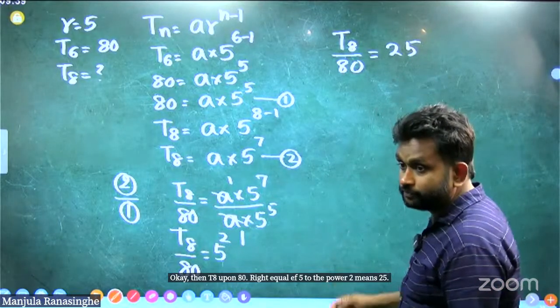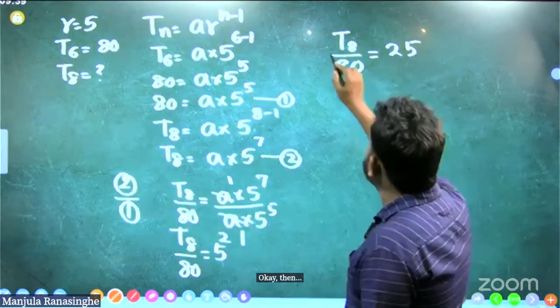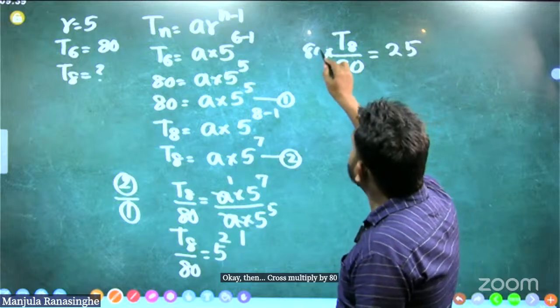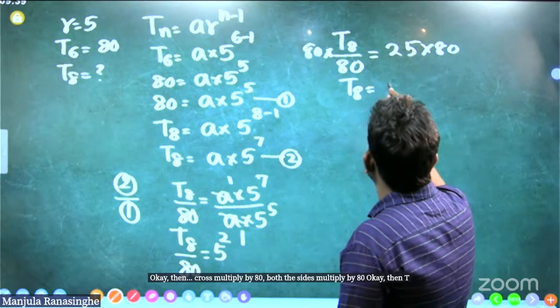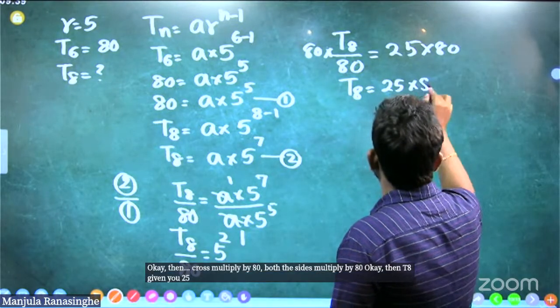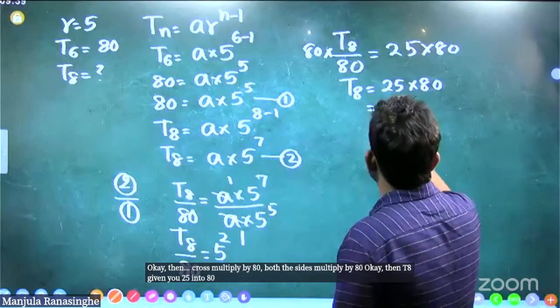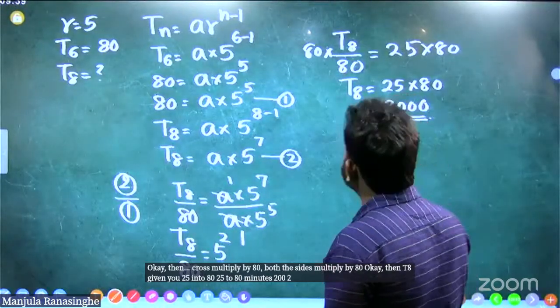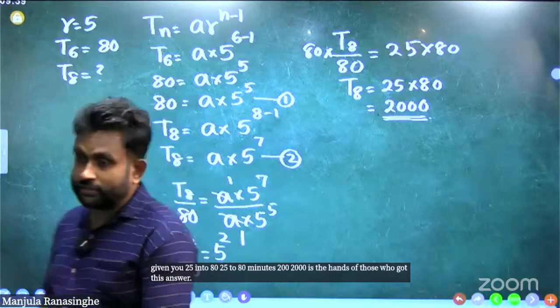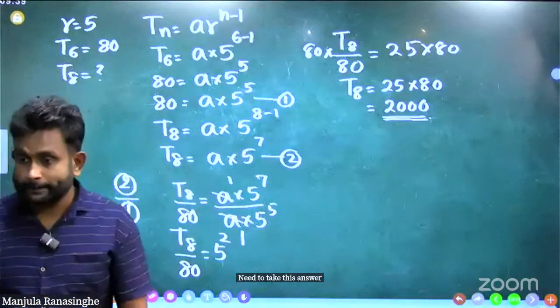Then cross multiply, both sides multiply by 80. Then T8 is 25 into 80. 25 into 80 means 2000. Hands up those who got this answer. The answer to take is 2000.